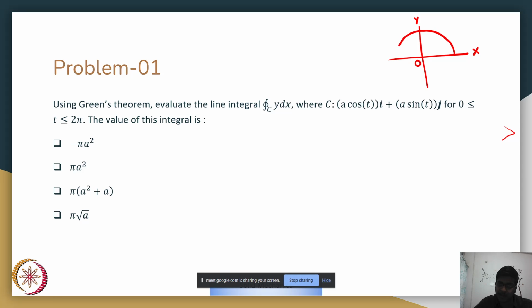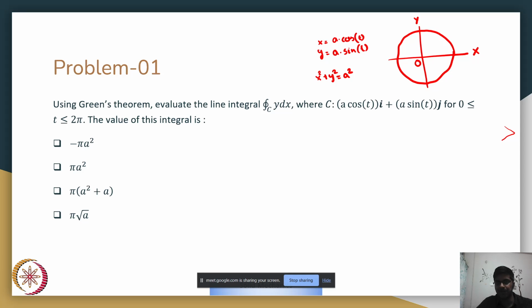My x component is a cos t, and my y component is a sin t. This is basically the equation of a circle, x square plus y square equaling a square, and it is given that t will vary from 0 to 2 pi.